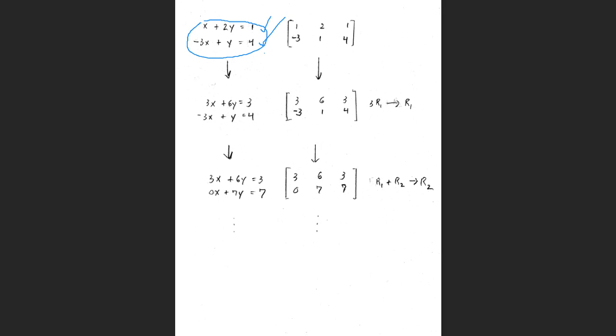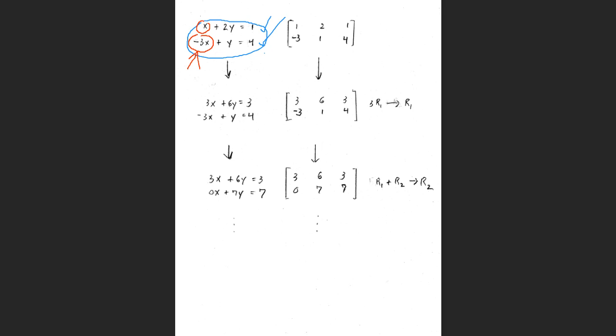So here we use the addition subtraction method. I notice I have a 1x here, and a negative 3x here. Let's say I wanted to eliminate the negative 3x in the second equation.